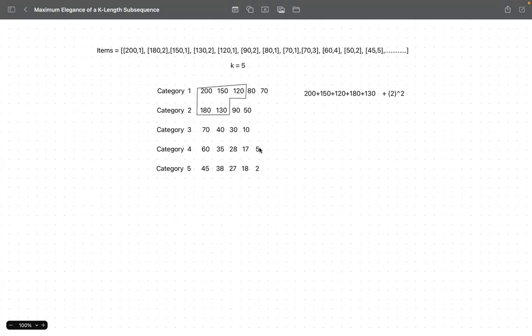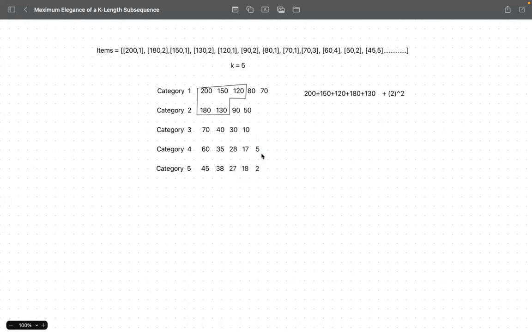We will just explore those which can give us maximum elegance, which have at least greater than zero probability. There are a few cases where it's just zero probability, if you choose all these five.